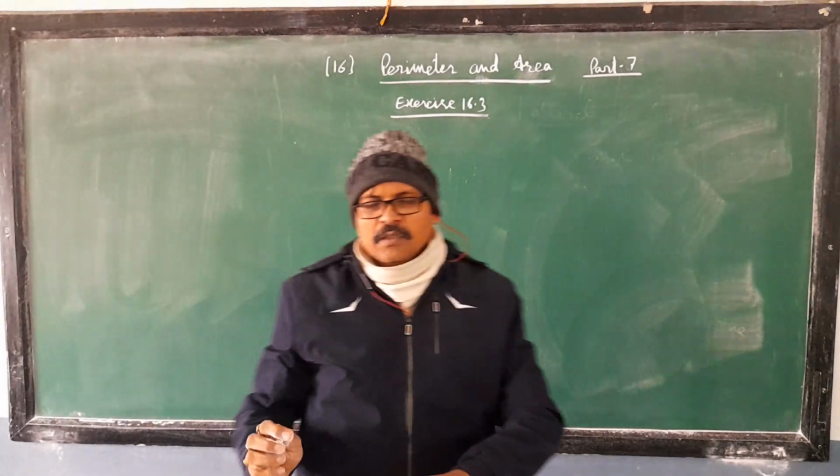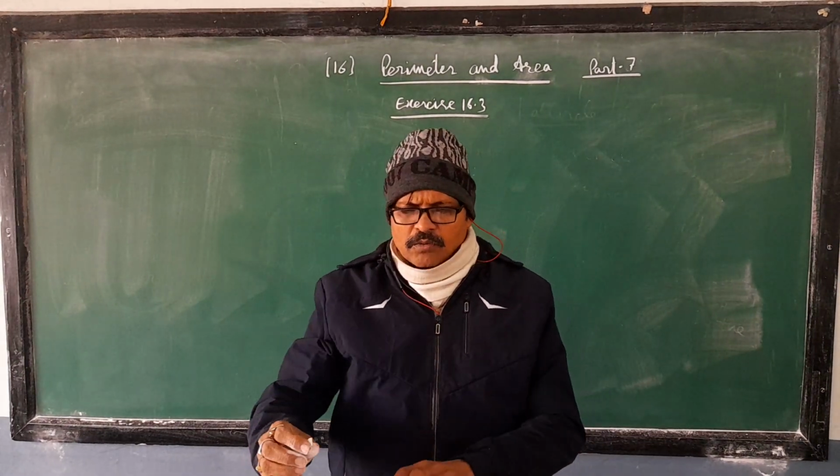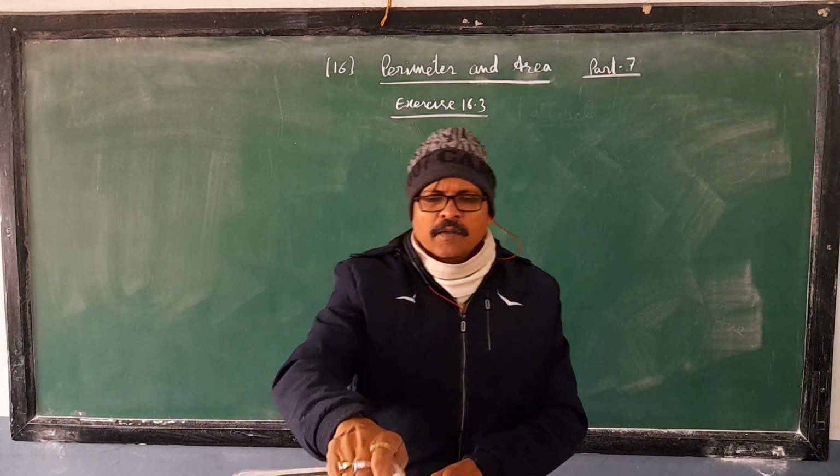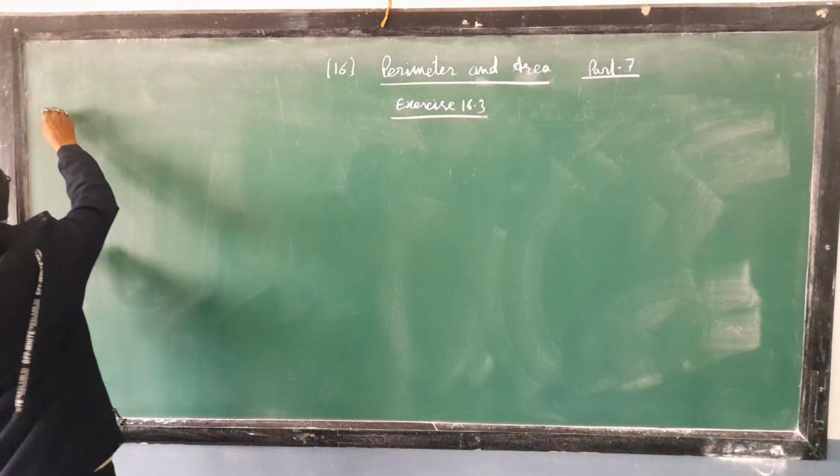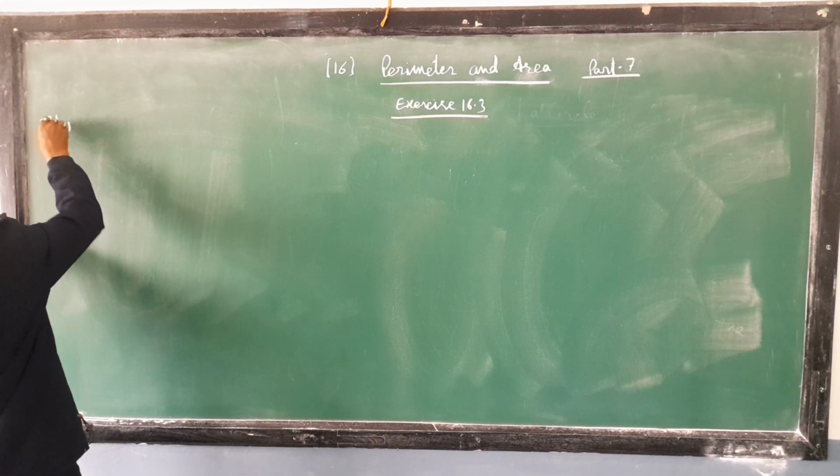Question number 1, first and third part we can do. Value of pi is already given, 22/7. Question number 1, first part.